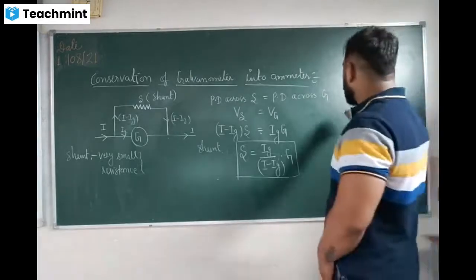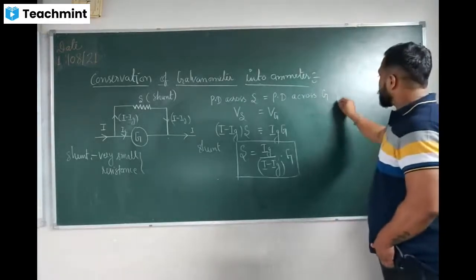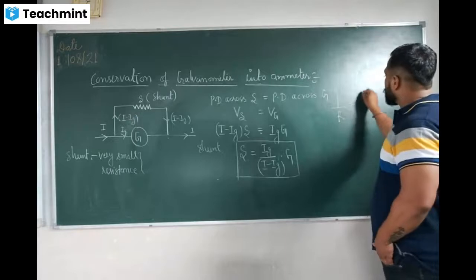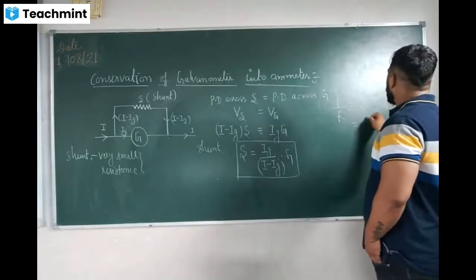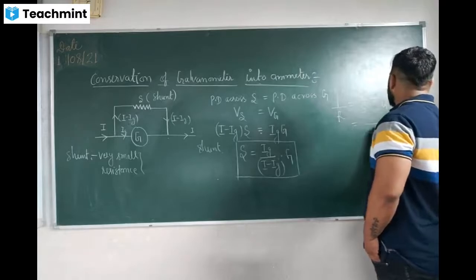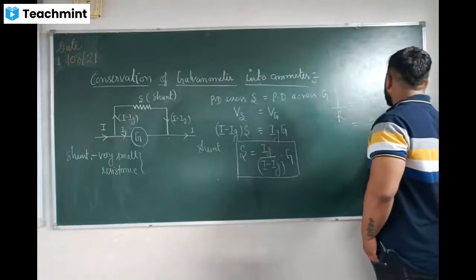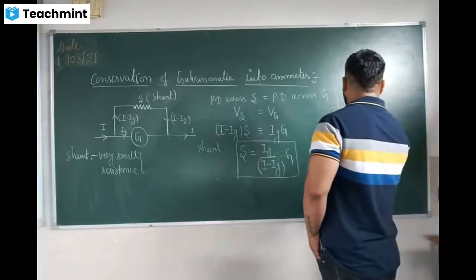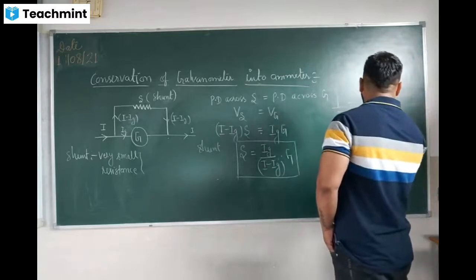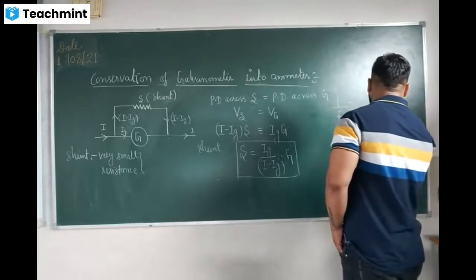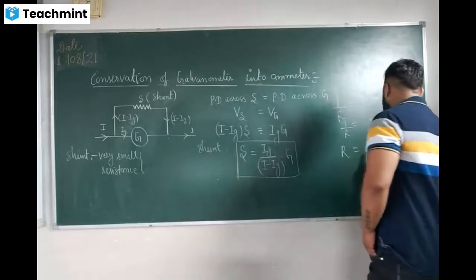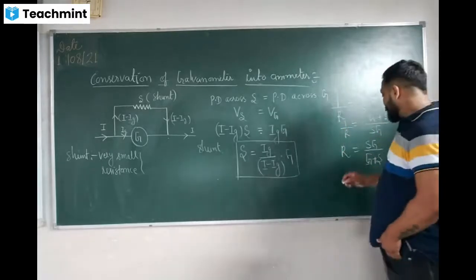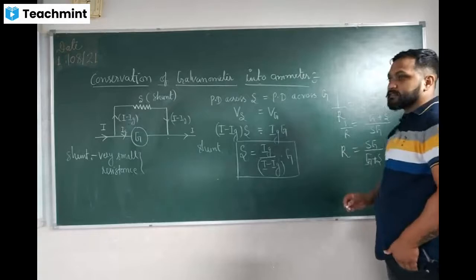Less than, because whenever we find their equivalent, the equivalent is R. So 1 upon R is 1 upon S plus 1 upon G. You will take the LCM: G plus S upon SG. So R is equal to SG upon G plus S. So is this resistance greater than or less than S?